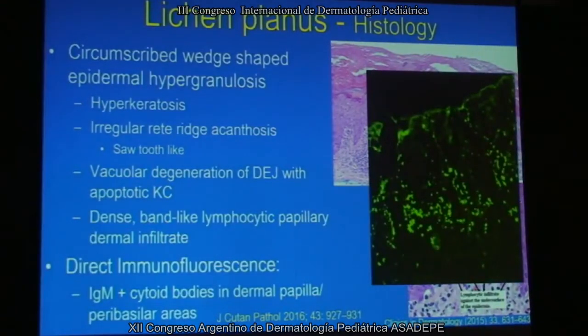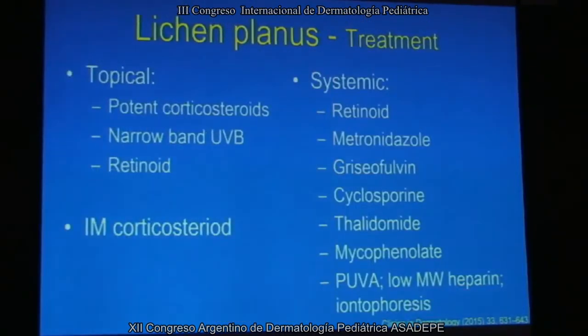Immunofluorescence can reveal IgM-positive cytoid bodies.